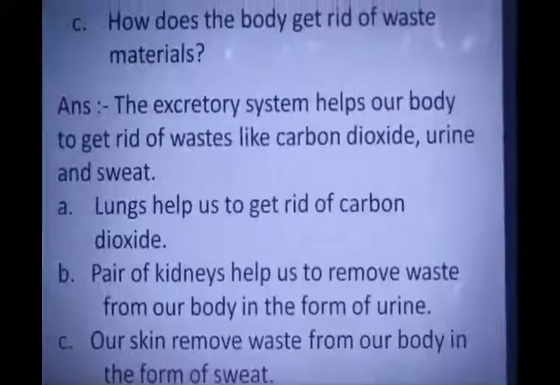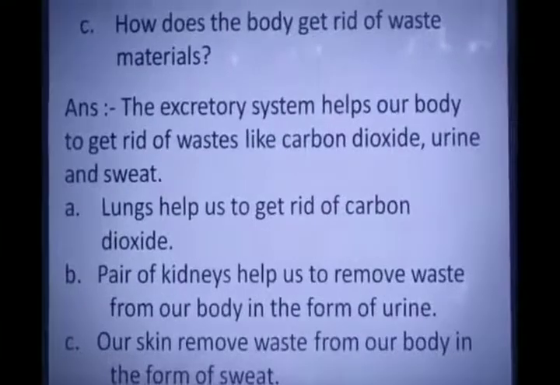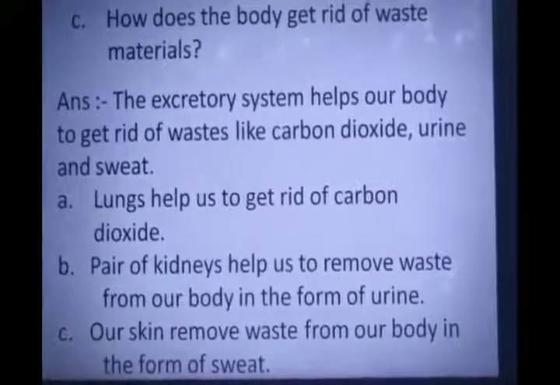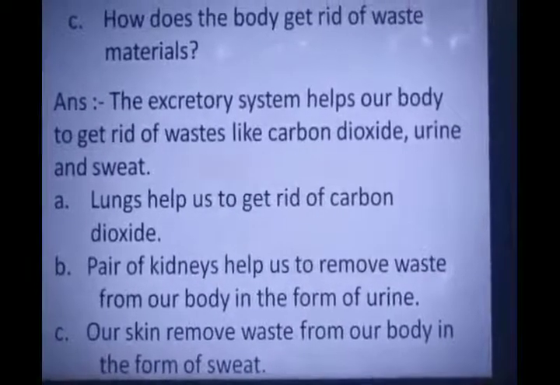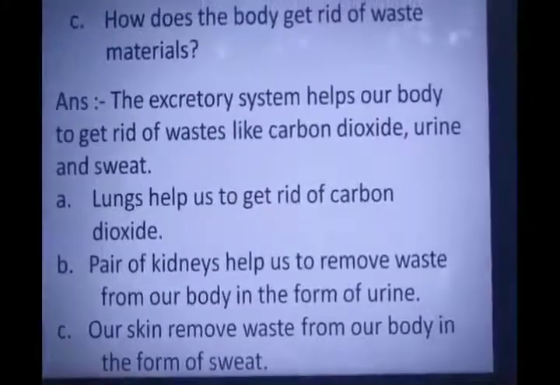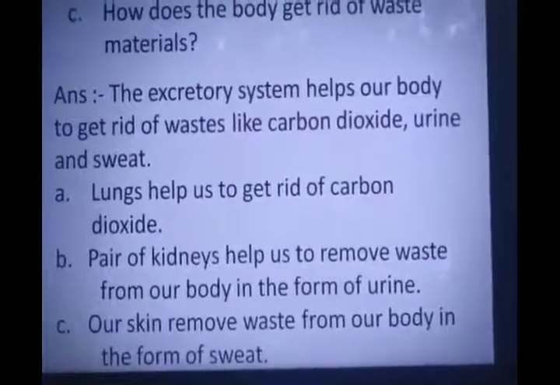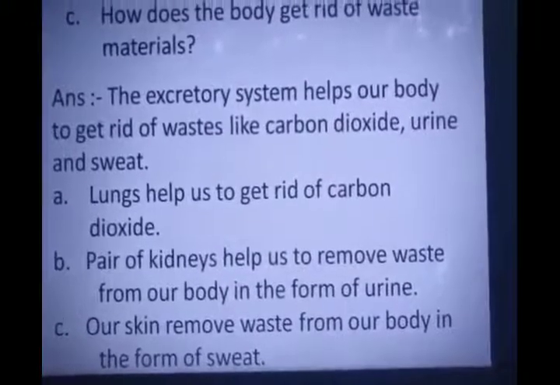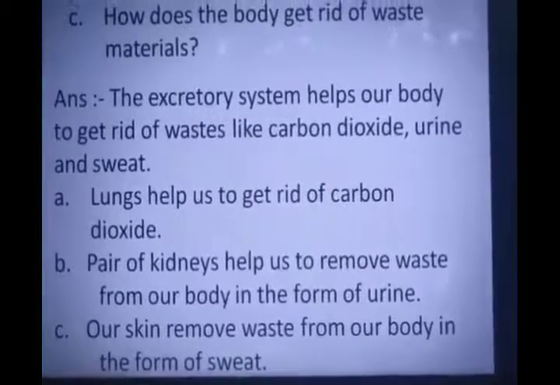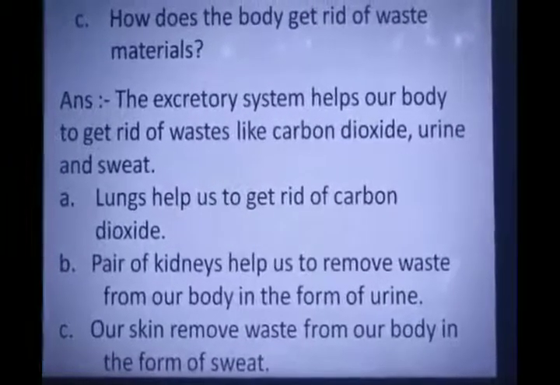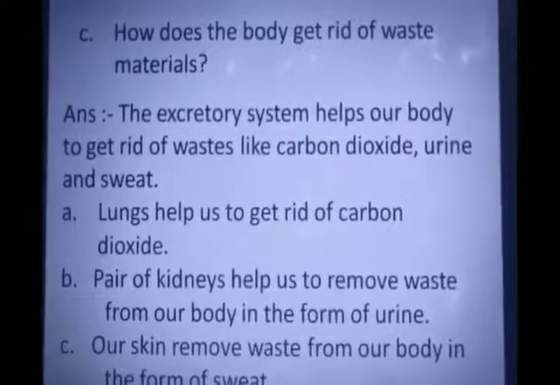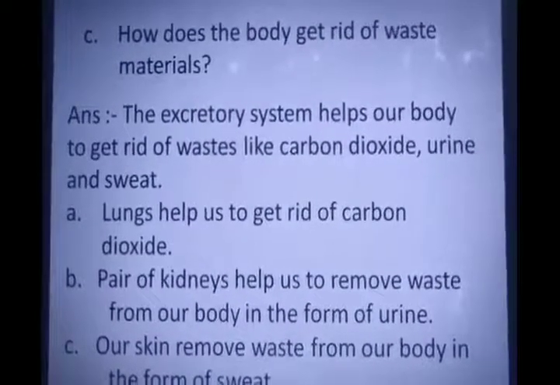Second point, a pair of kidneys help us to remove waste from our body in the form of urine. Third point, our skin removes waste from our body in the form of sweat. So all these 3 points we will write in question 6c.